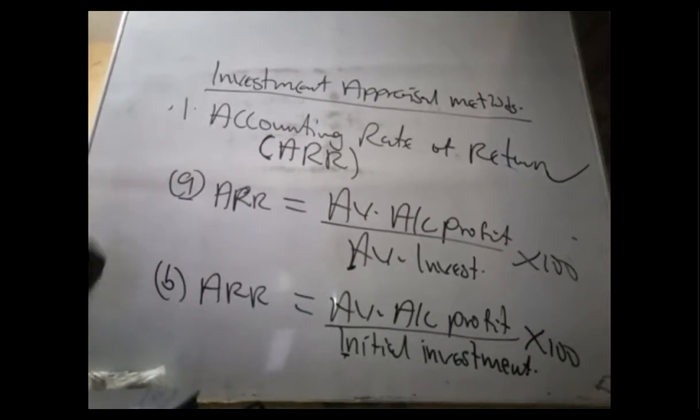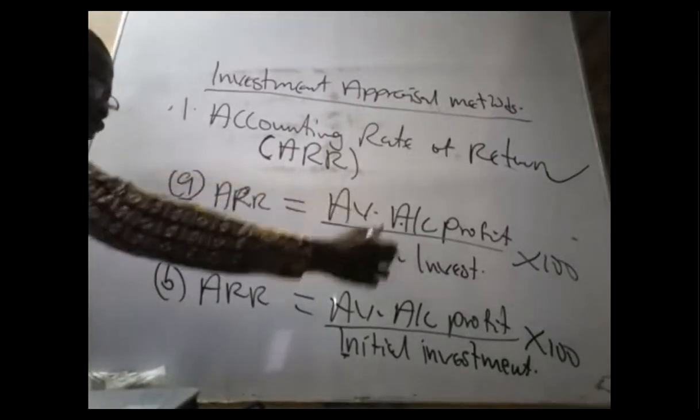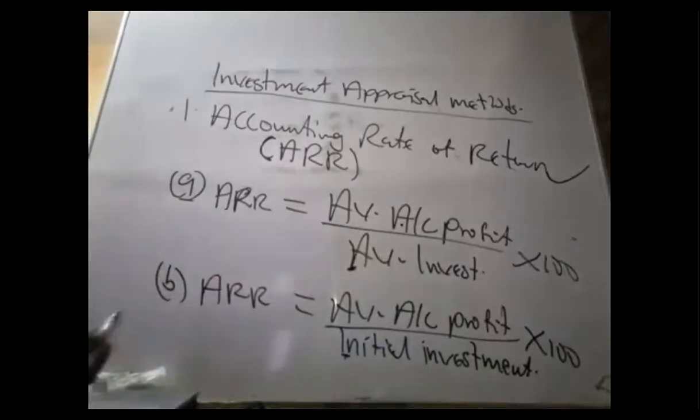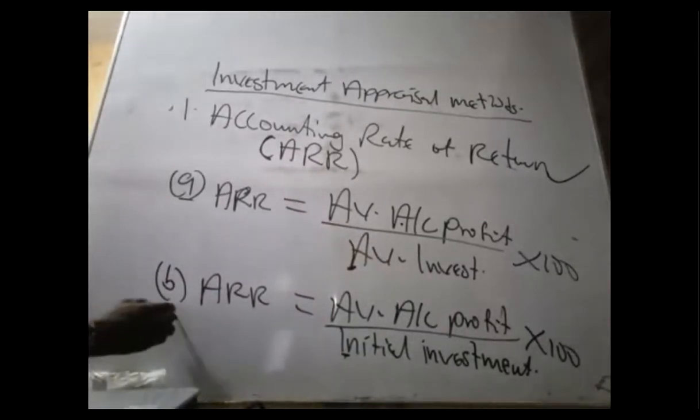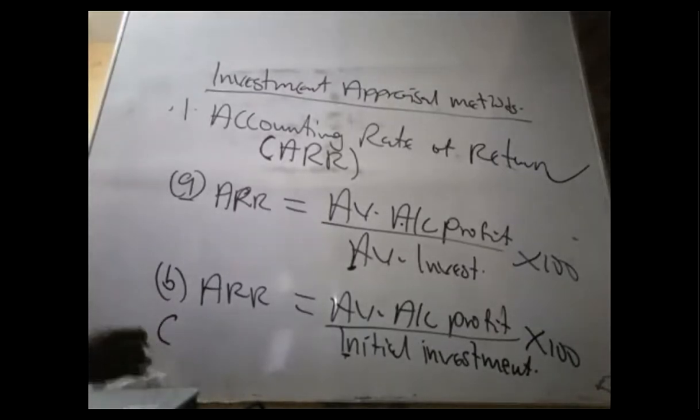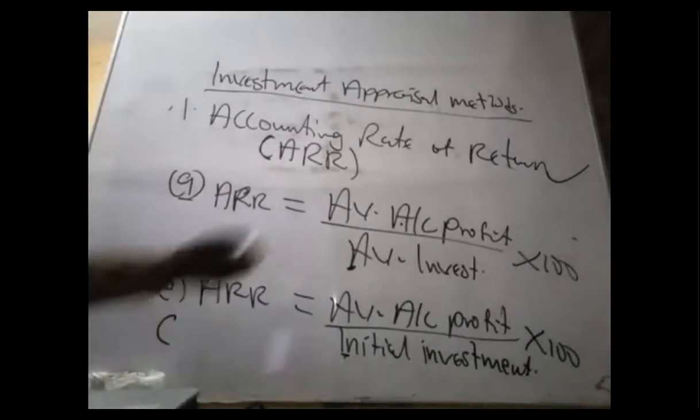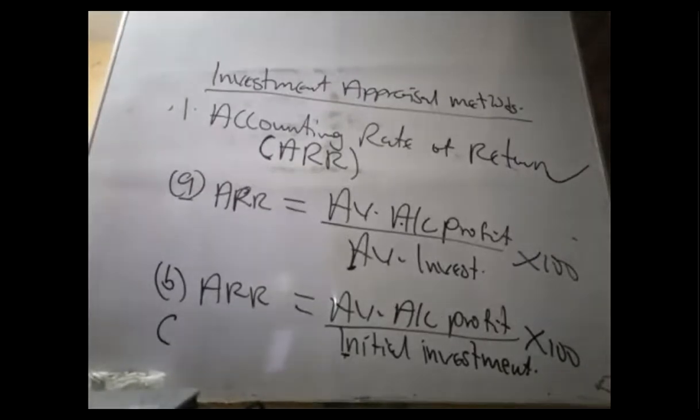Okay, now let's go further. How do you find average profit and average investment? That is also formula C and then D. C and D will provide meaning and interpretation to this, because I have to tell you the composition of average profit and average investment.